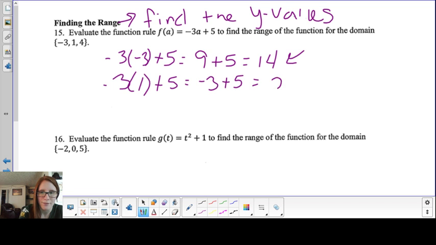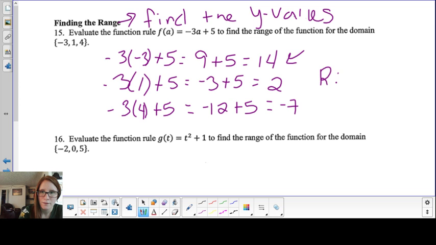Negative 3 plus 5 is 2. Next, I have negative 3 times 4 plus 5. Negative 3 times 4 is negative 12, and then negative 12 plus 5 is negative 7. So the range for this set of 3 domain values is negative 7, 2, and 14.